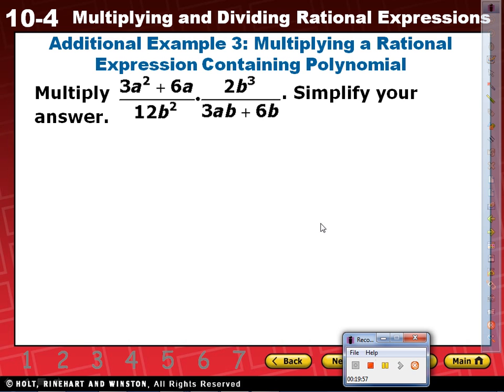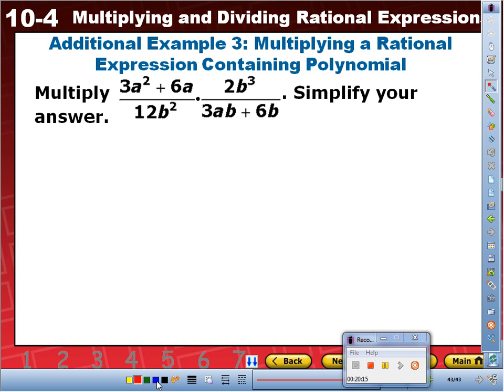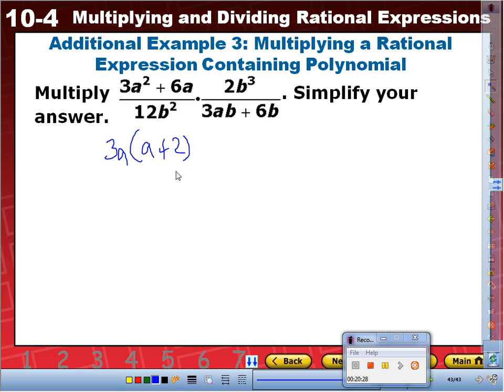Okay, here we go. Let's do this. Let's simplify the first fraction. Can we factor the numerator? Yes. What is the GCF? 3a. We're left with a plus 2. The denominator, this becomes what? 3 times 4, and the 4 becomes 2 times 2, so that is 2 times 2 times 3, b times b.